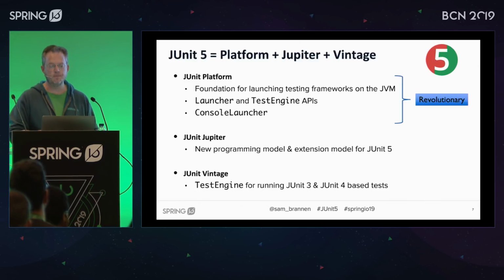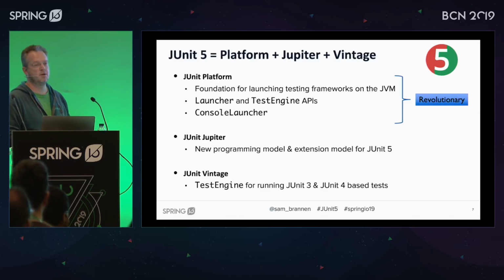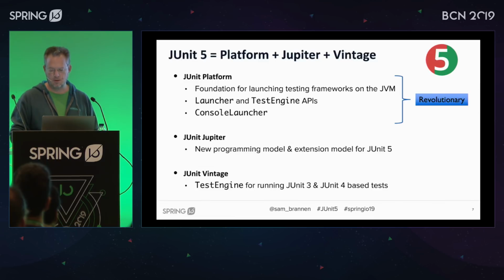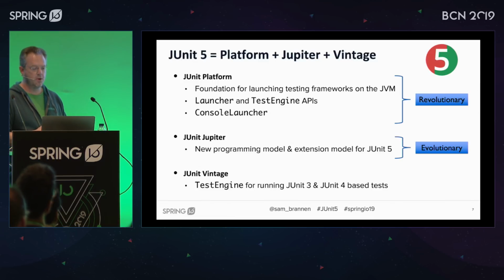So one thing I'd like to point out is that this first block here is actually revolutionary. That didn't exist before. People did write runners for JUnit 4, but they were kind of forced to go with the Java model. And the new platform is very generic in many ways. It supports files and directories and things like that, in addition to Java classes and methods. So the next part is evolutionary, right?